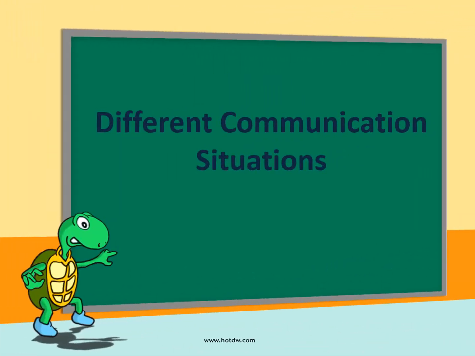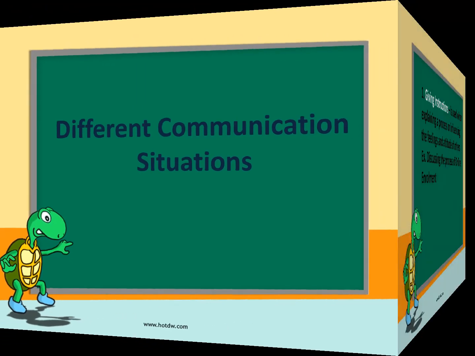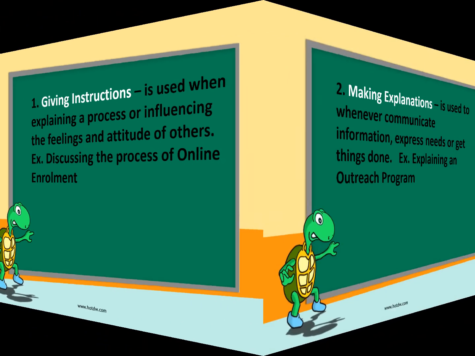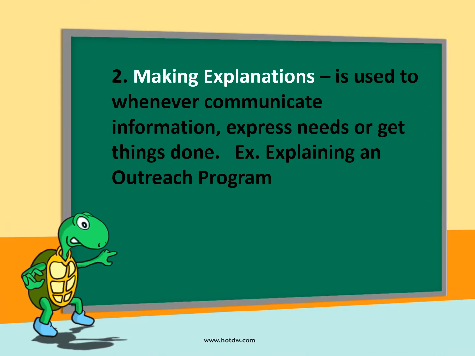Now, let's move on to different communication situations. Number 1. Giving instructions is used when explaining a process or influencing the feelings and attitude of others. Example, discussing the process of online enrollment. Number 2.